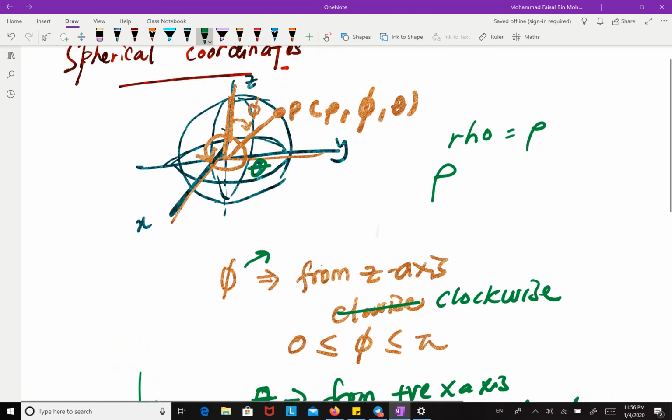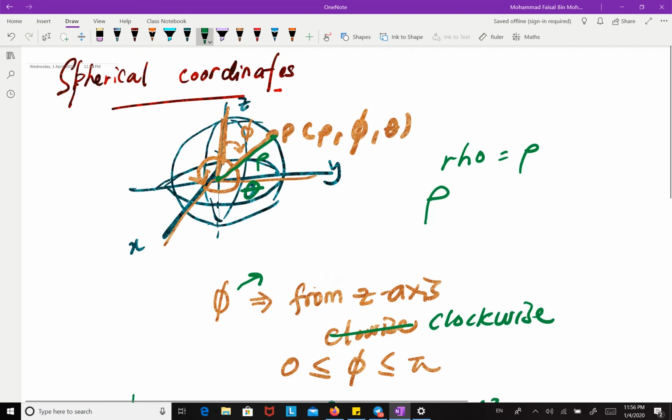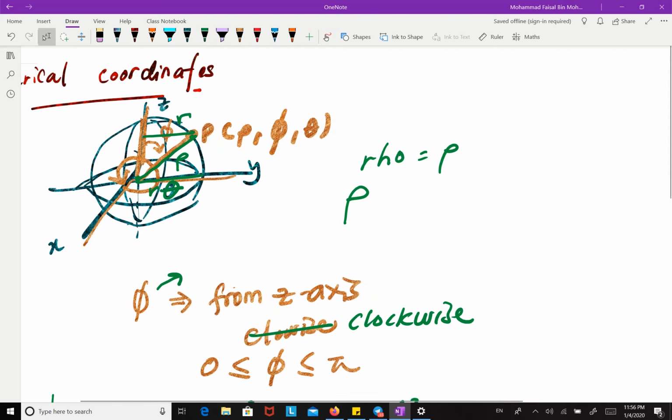So to find this rho, from the center to the surface will be the rho. So this will be the r. Now we can take out the rectangle.